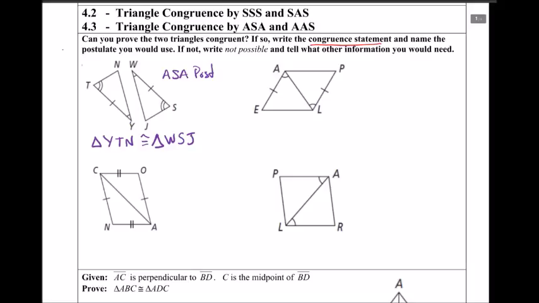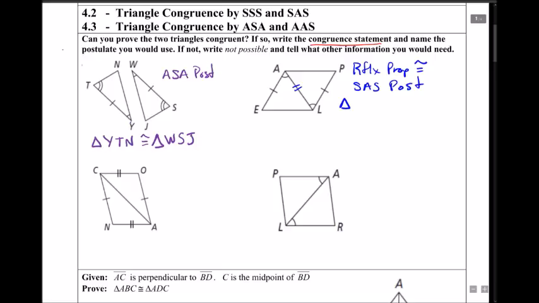Let's look at our next one. All right, can I make these triangles congruent? Well, I have one side and one angle on each. Can I get something more? I certainly can. I can use the reflexive property of congruence to get that side. And now I have the side, angle, side postulate. And now how am I going to write my congruence statement?